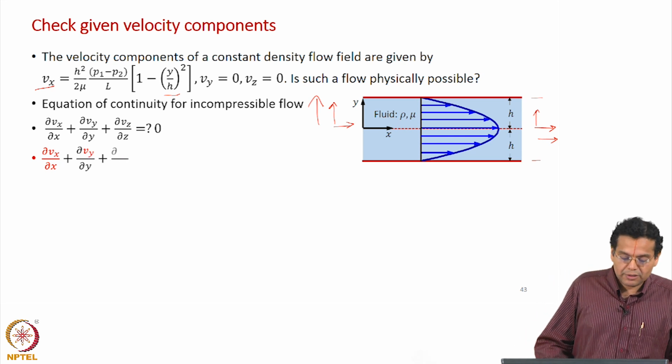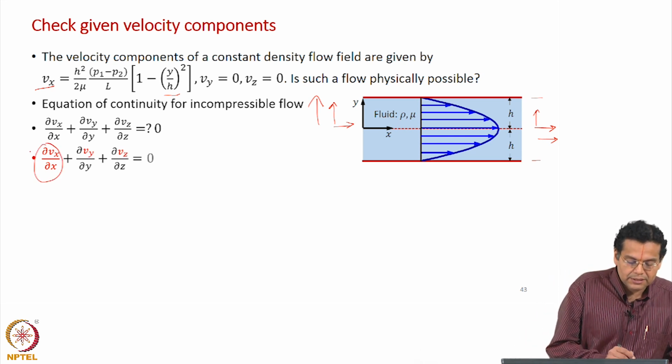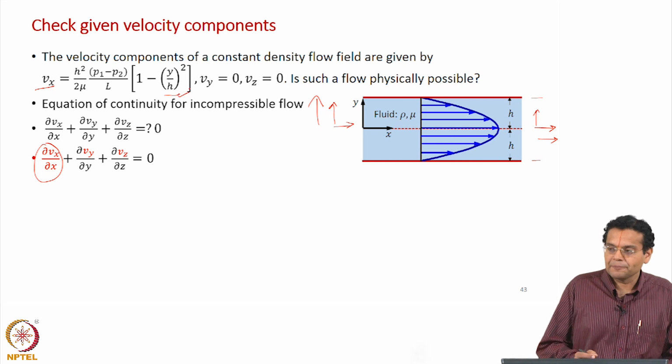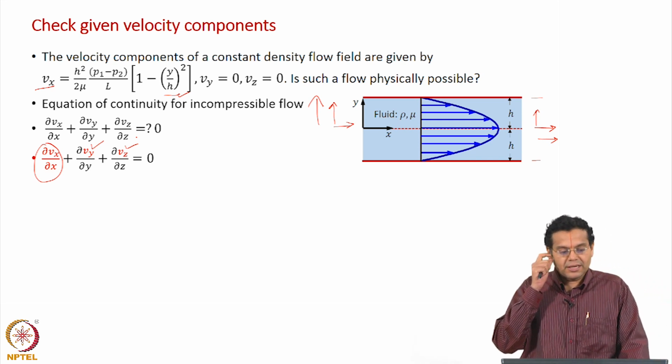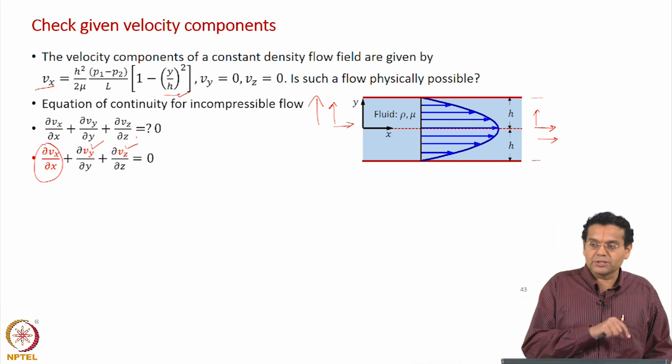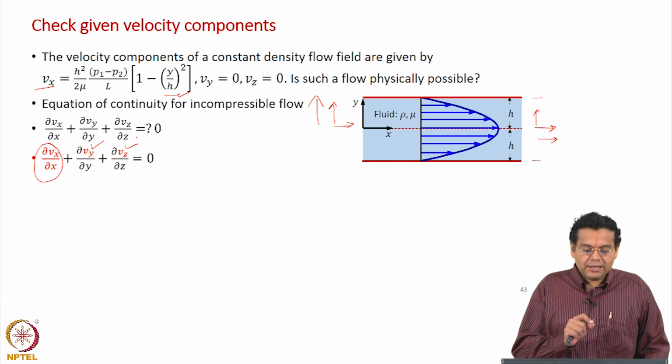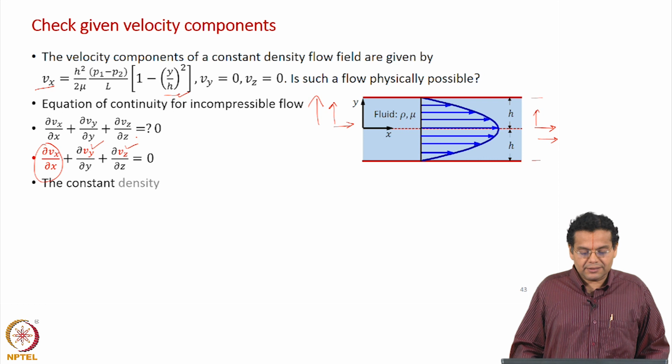Vx is non-zero, but dou Vx by dou x is 0 because Vx depends only on y. Vy is 0, Vz is 0; the red color indicates what is 0. In the first term the derivative is 0, not Vx, which is non-zero; in the second and third terms the velocity itself is 0. So the equation of continuity is satisfied.